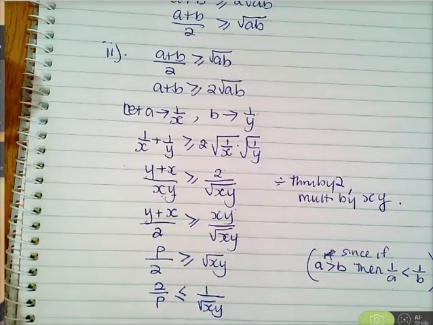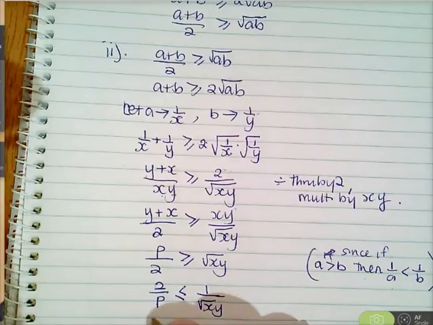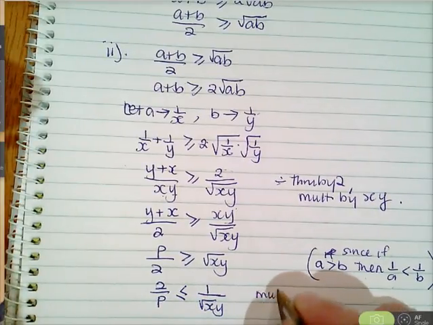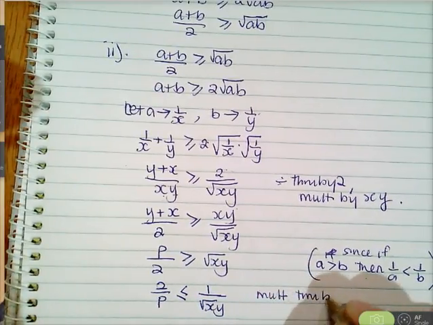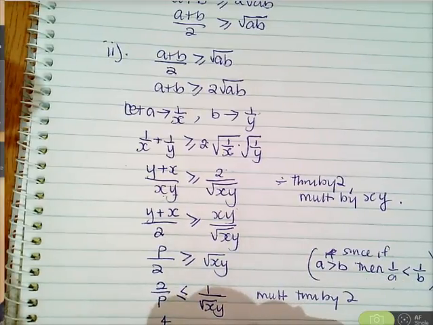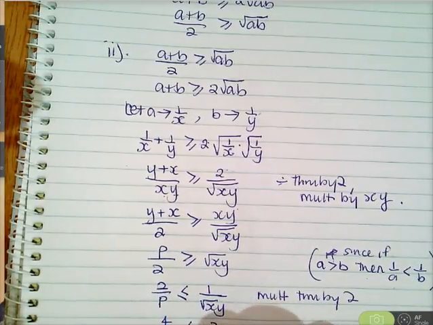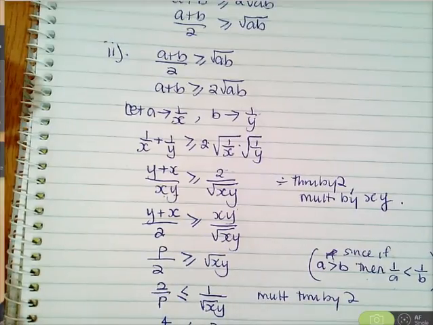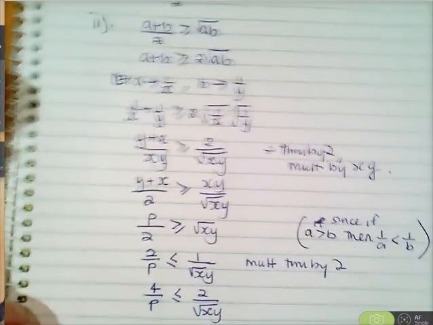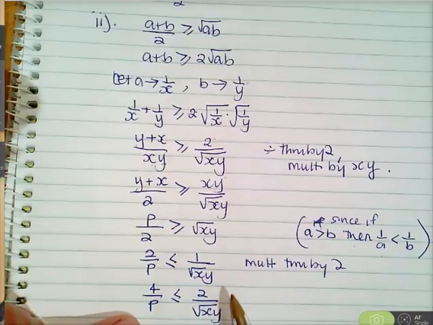So we've got that. What we could also then do, we need 4 over p, so we'll just multiply through by 2, and we would get that 4 over p is less than or equal to 2 over root xy. Now, what we're trying to get, we still don't have it yet.